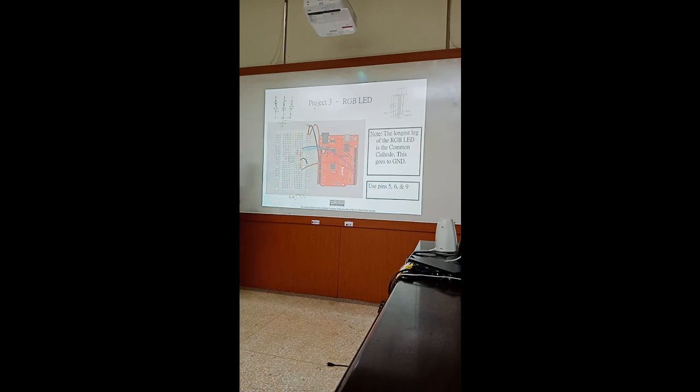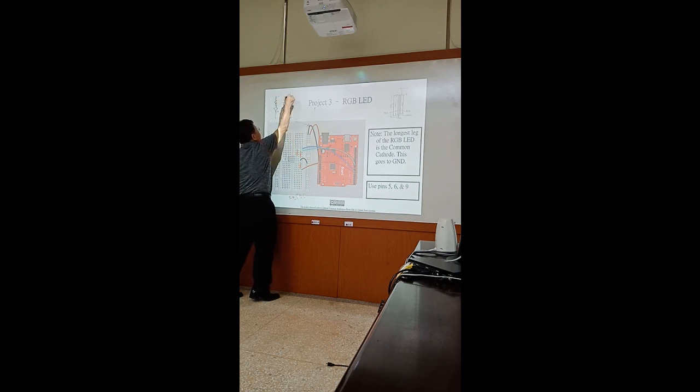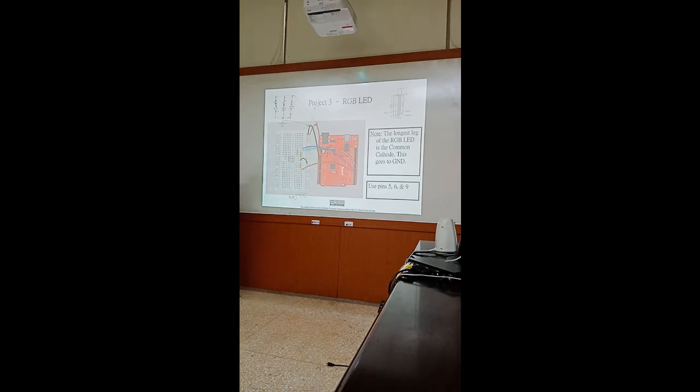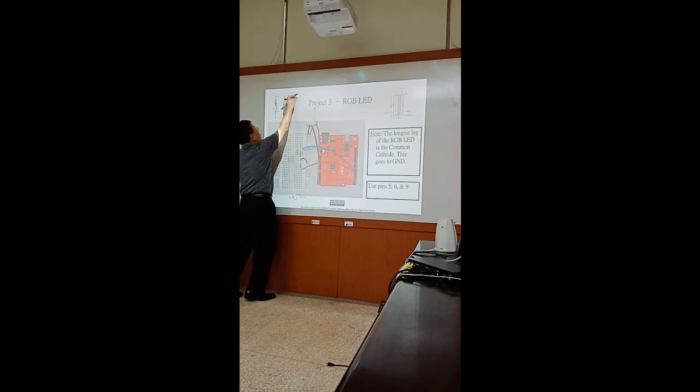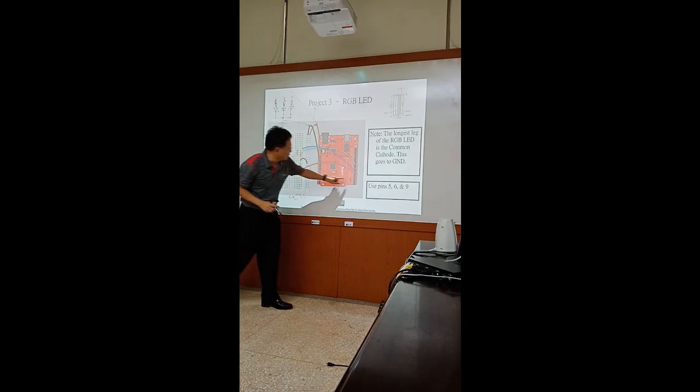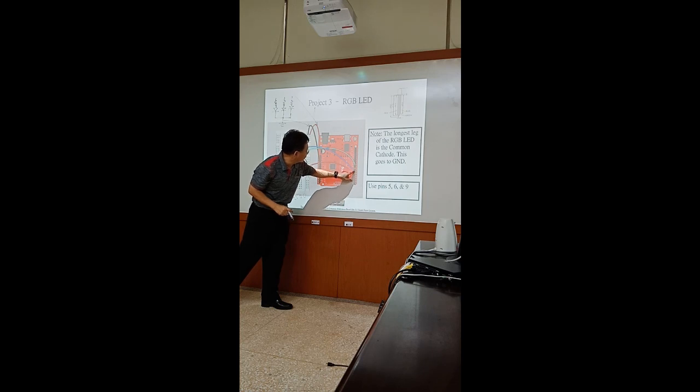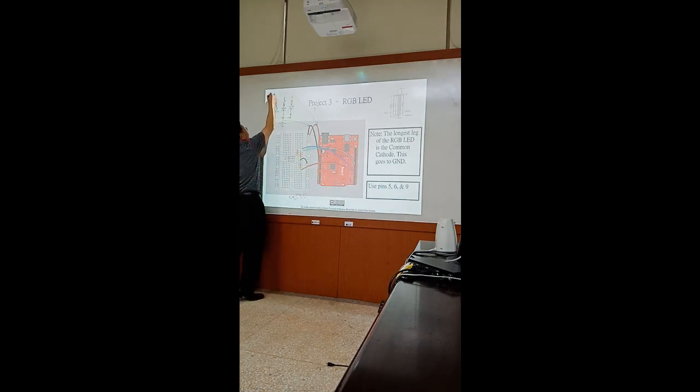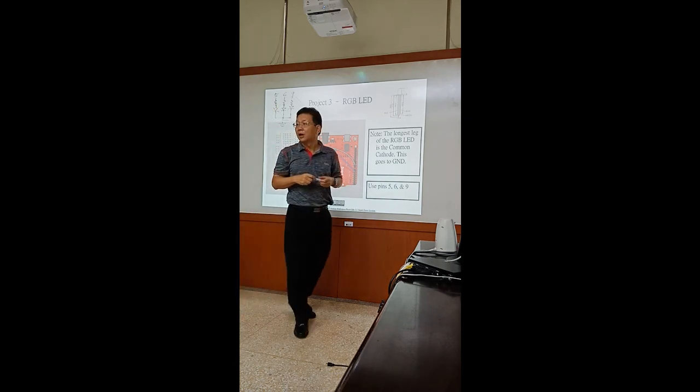Here is the ground line, and here is connected to the line. If your code comes from different ports, you can use digital output. For example, here use 5, 6, and 9. This is the output port.